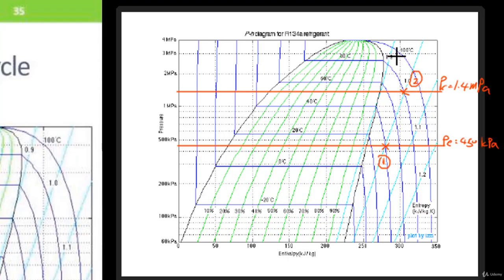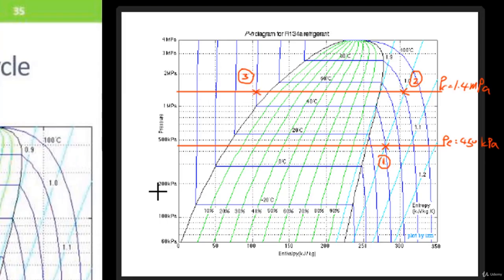How about point 3? Point 3 is your condenser outlet, so you know that it should be on the left hand side of point 2. 40 degrees Celsius is over here, so you continue moving up, and it will be this point, point number 3.